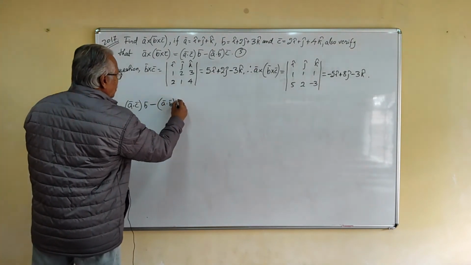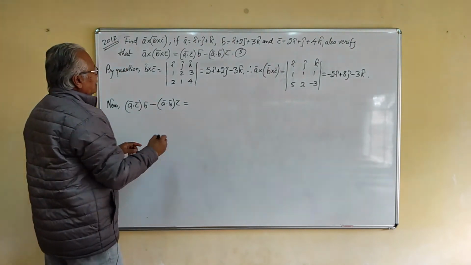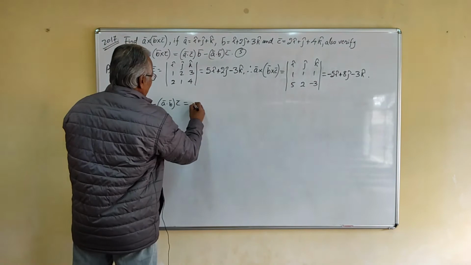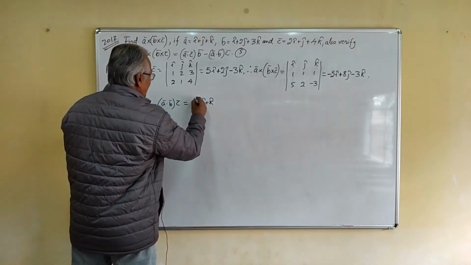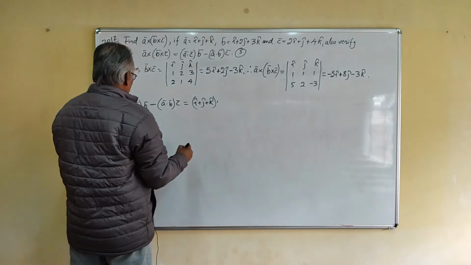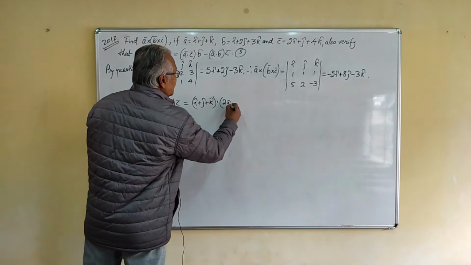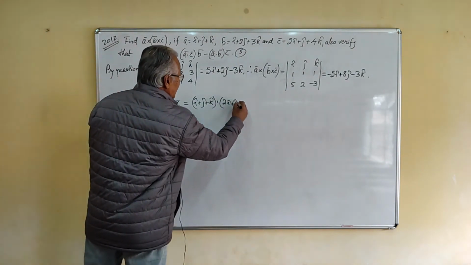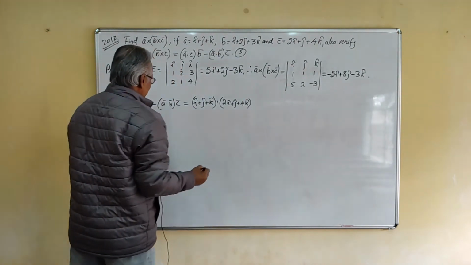A dot C is A, which is I plus J plus K, having a dot product with C. C is 2I plus J plus 4K.